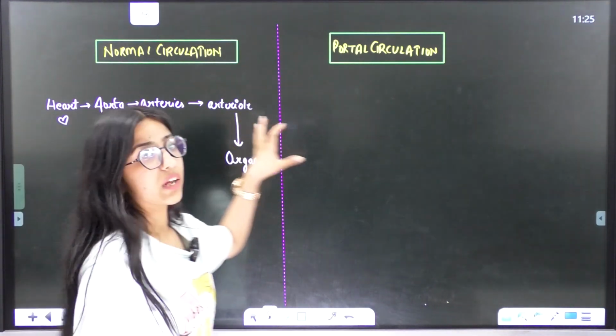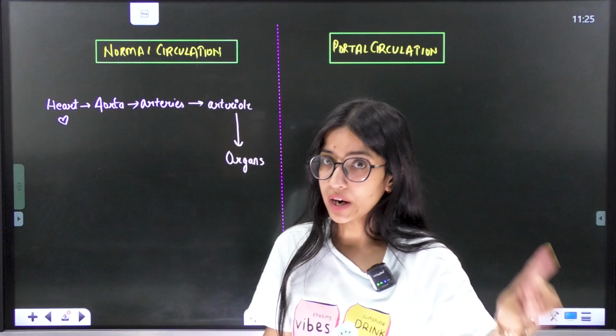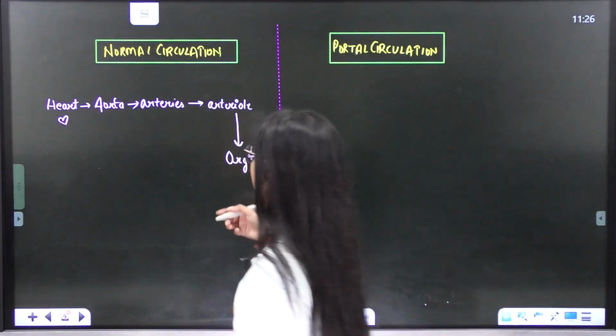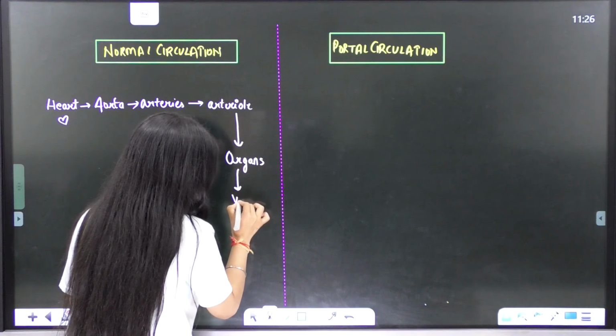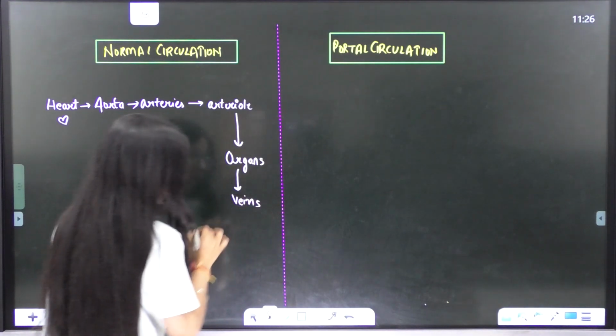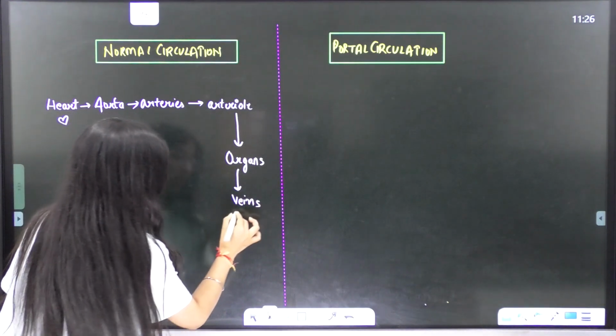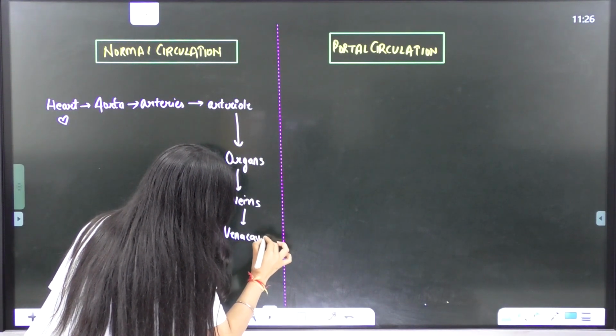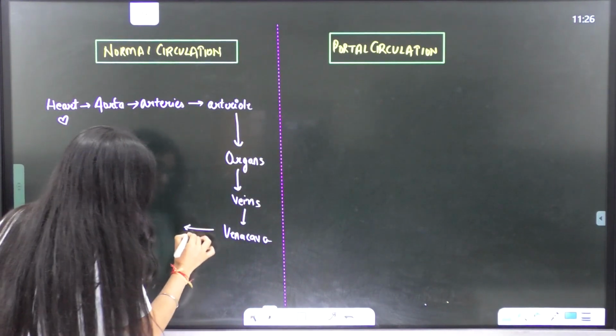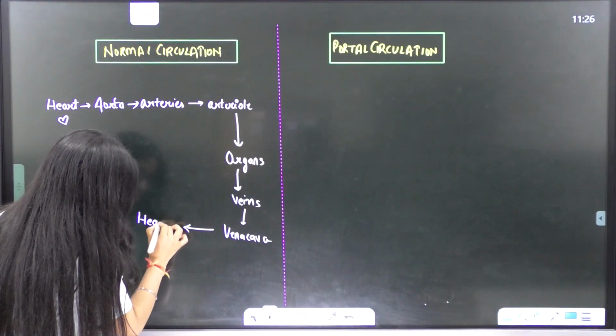Arteries carry blood away from the heart, I told you already. Now, veins will carry blood from organs and join to form the vena cava. The vena cava further gives blood to the heart.